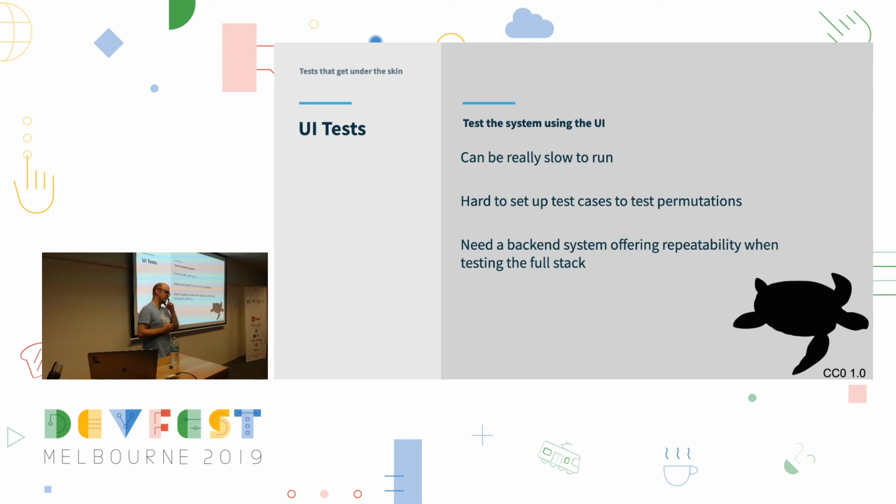And I have a funny story for you about why our UI tests were slow, or even slower than they needed to be. As I said, I'm working on accounting software. So one of the features is to create invoices in our app. We had a test that created an invoice in our app, saved it, and then went back to a list of all invoices, and then scrolled in that list to find out whether the invoice had actually saved. And that sounds fine.